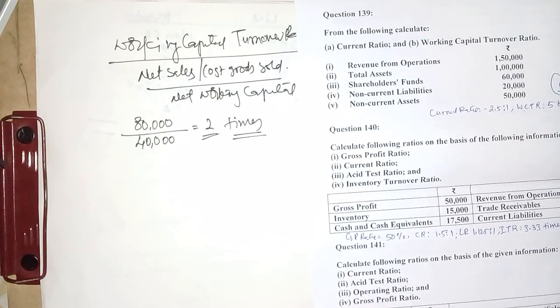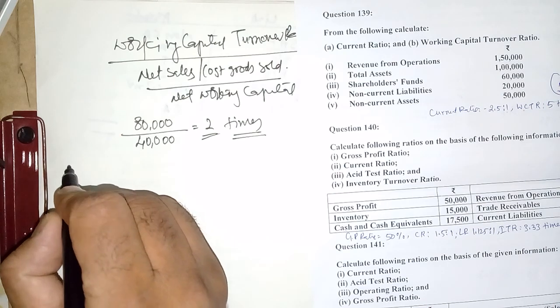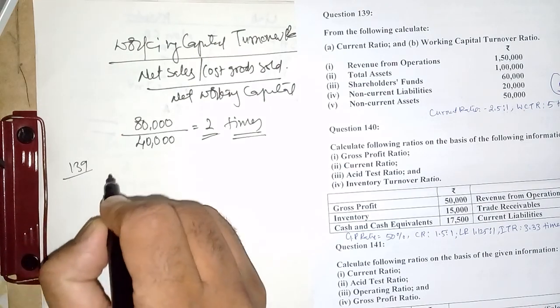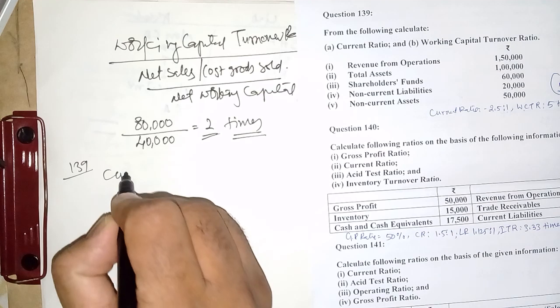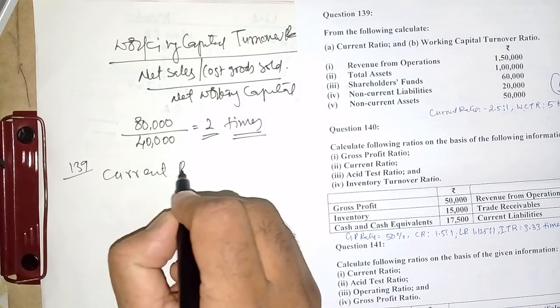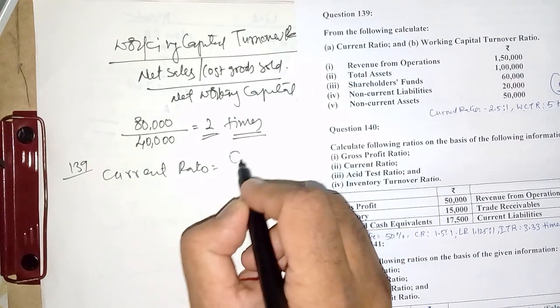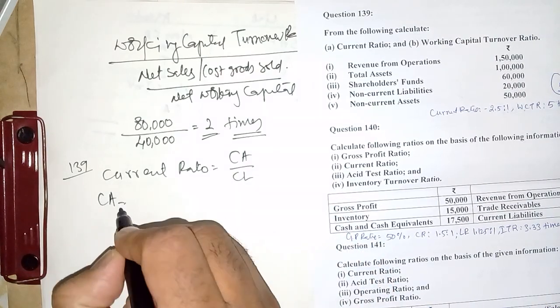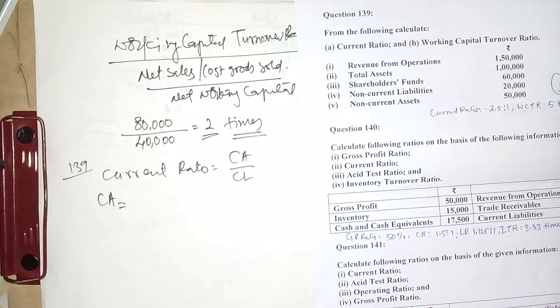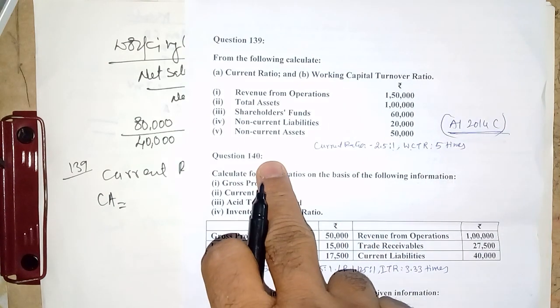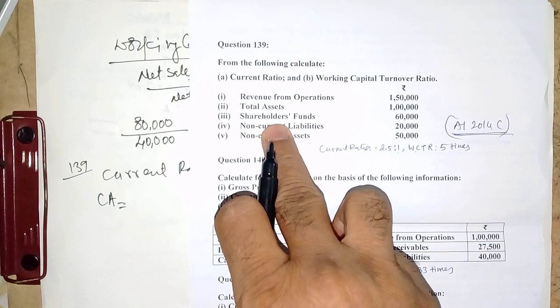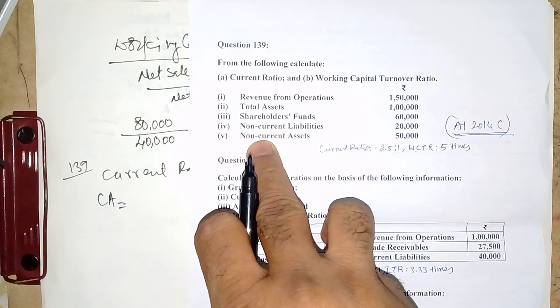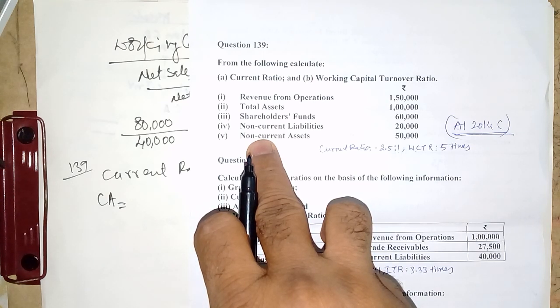So first, in question number 139, we need to calculate the current ratio. The formula of current ratio is CA by CL. So how much is CA? Bear in mind, always understand that here we have missing information. The question does not provide the current assets. So how to calculate it?